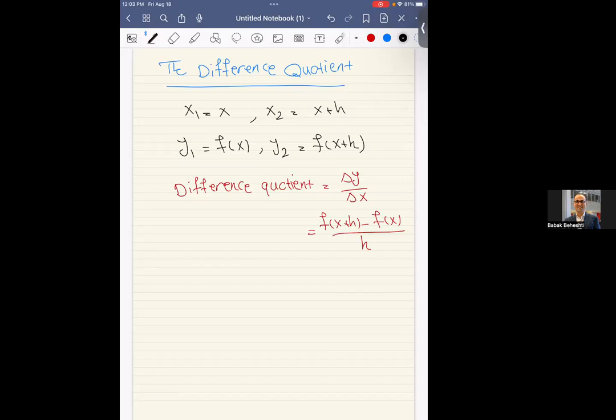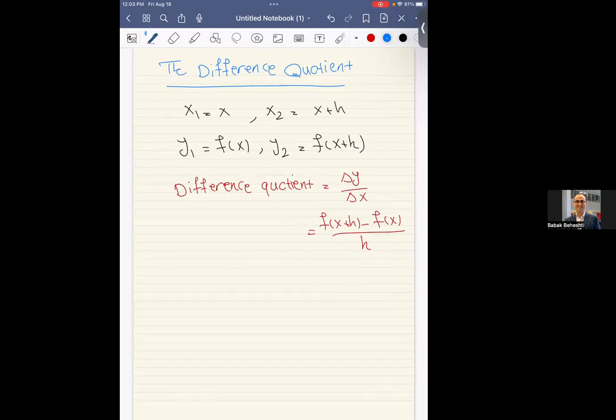But the point here is that x and h could be anything. So there is no specific x and h. These could be any numbers. So any x and any interval h.